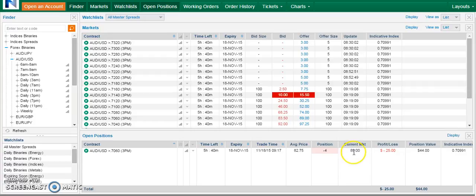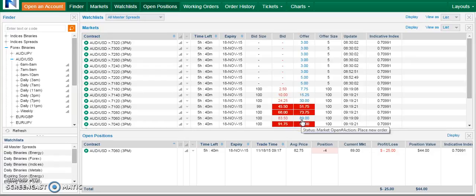Okay? And the current buy price, or the current market right here, is reflected here. That's the spread between the two of them. Okay? So right now, that's at $11. Okay?